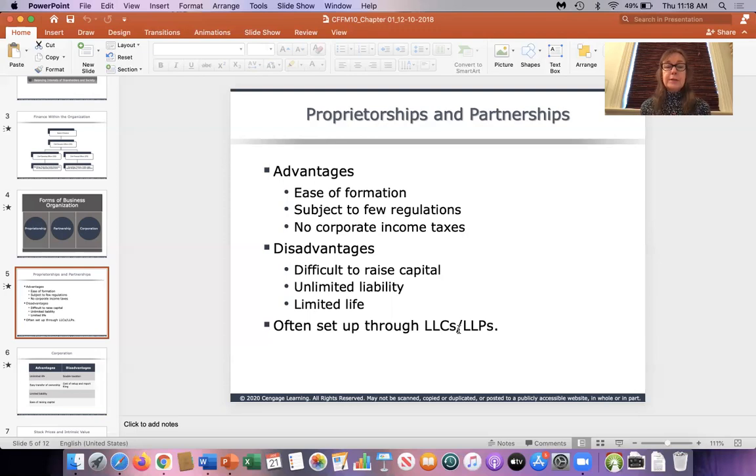Now, when I say limited liability, if you go to a doctor, a lot of times you'll see these doctors set up as LLCs, or if you go to an accountant, lawyer's office, what have you, it doesn't mean that they don't have any liability at all regarding their profession. So they're still subject to being sued if they defraud you or something.